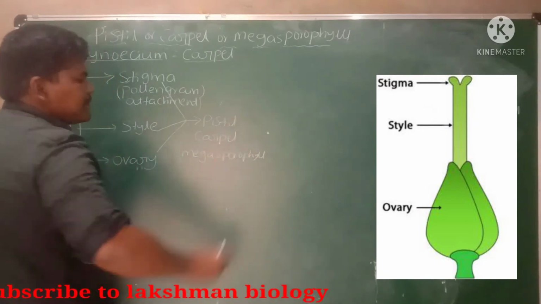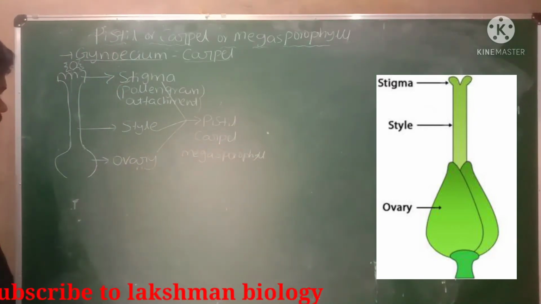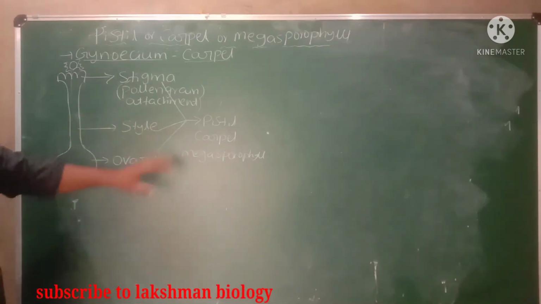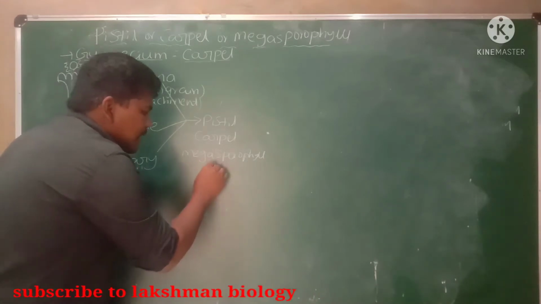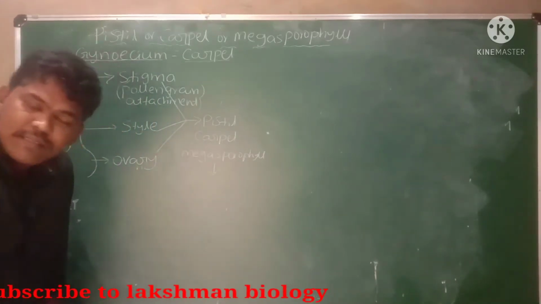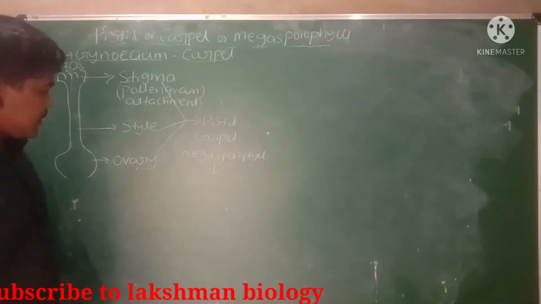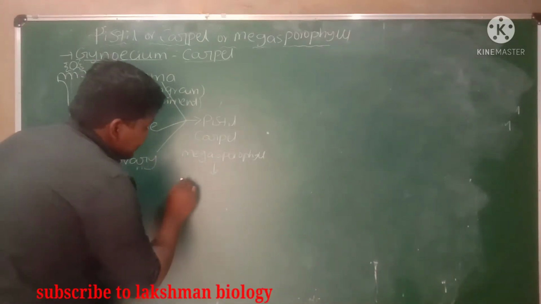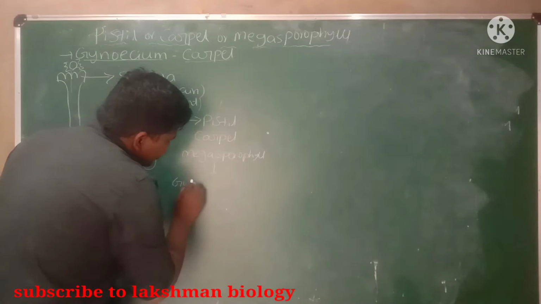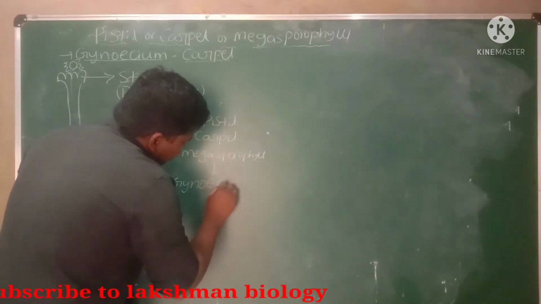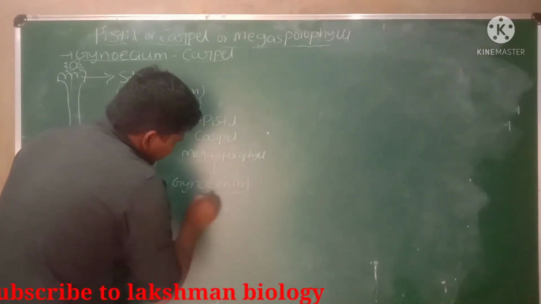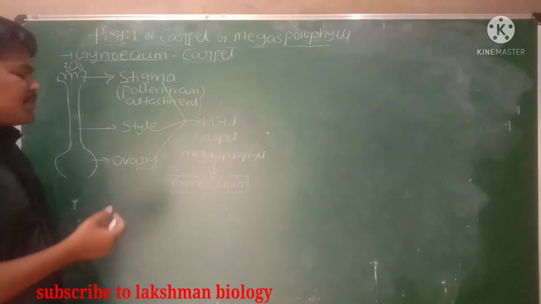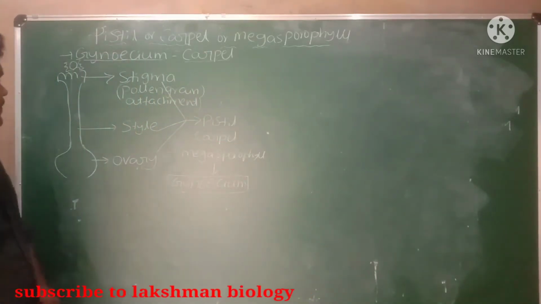All are same only. Then all pistils or carpels or megasporophylls which are present in the flower combinedly form the gynoecium. This gynoecium is the female reproductive part of the flower.